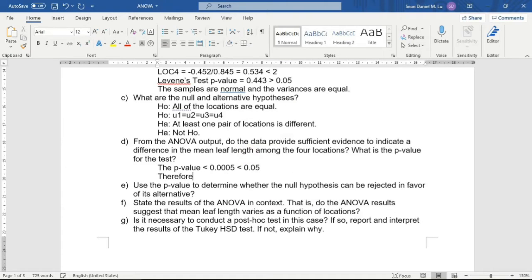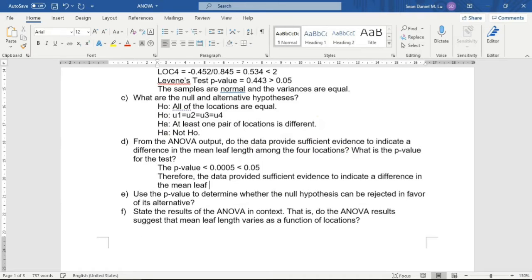Therefore, since the p-value is less than 0.05, we reject the null hypothesis. So at least one pair of locations is different. The data provide sufficient evidence to indicate a difference in the mean leaf length among the 4 locations.